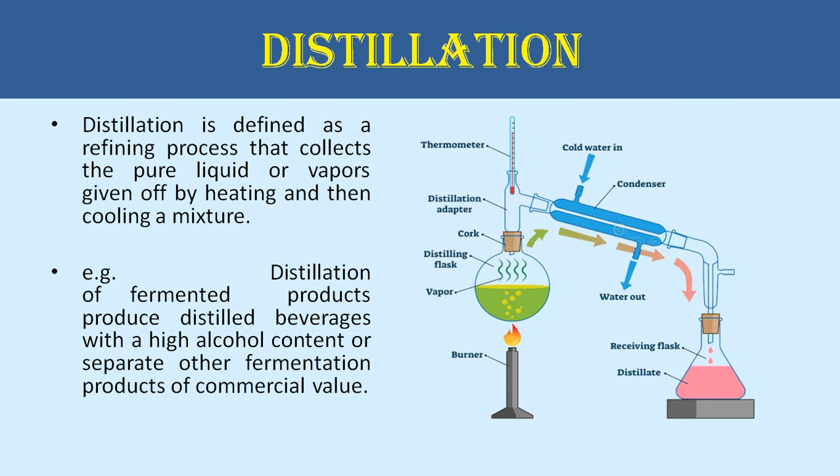Now I will explain distillation. Distillation is a refining process. With the help of this process, we can collect pure liquid or vapors with the help of heating and cooling the mixture.